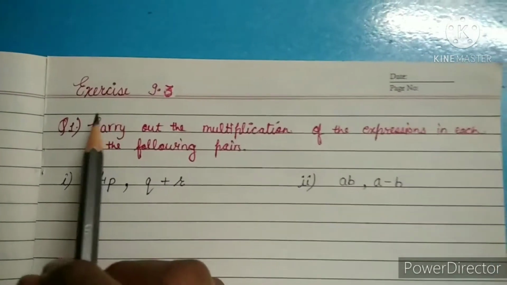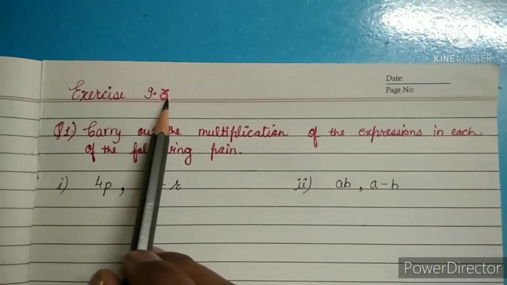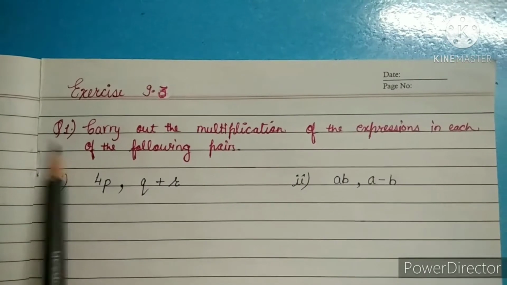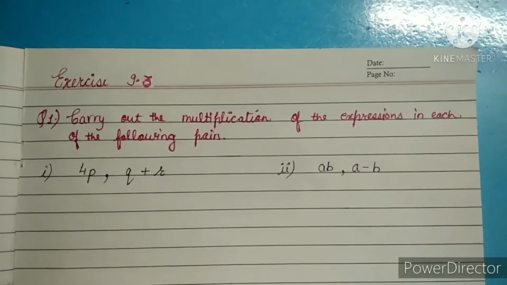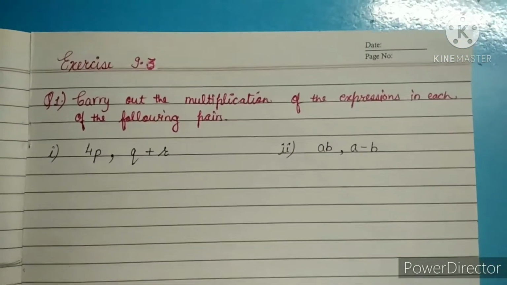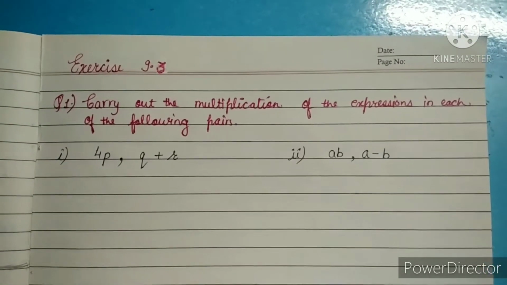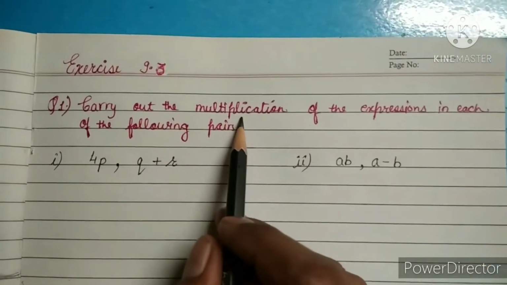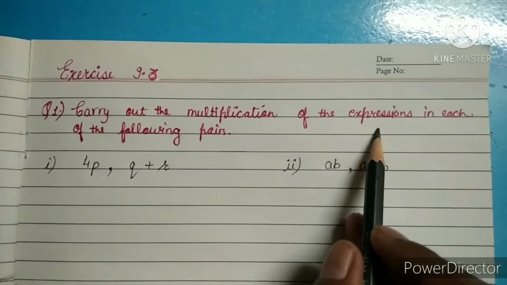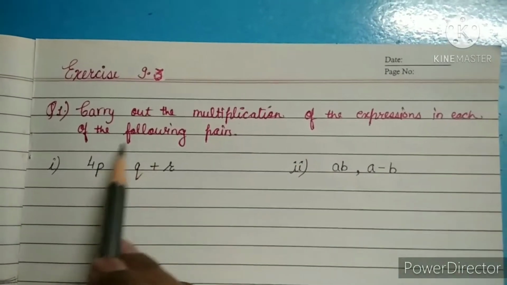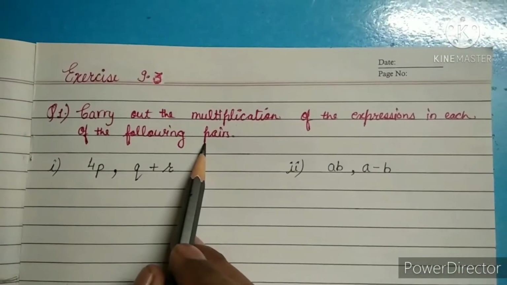In this video we will see exercise 9.3's question number 1 to question number 3 of class 8. Question number 1 is: carry out the multiplication of the expressions in each of the following pairs.